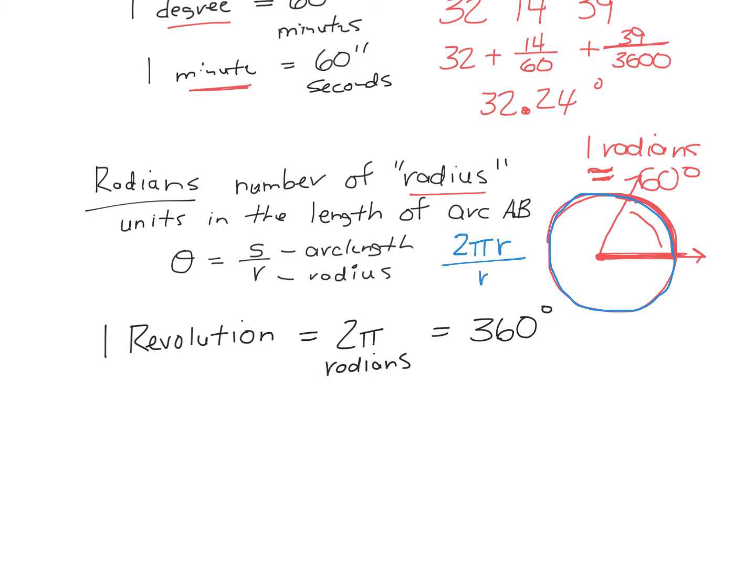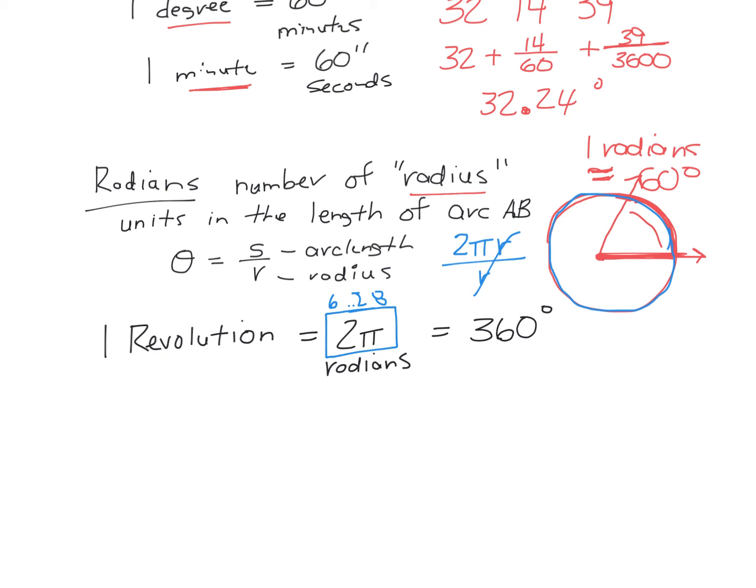If we divide that by the radius, we get a total of 1 revolution to be 2 pi radians. And pi being 3.14, 2 pi is the exact unit of something that's about 6.28. But 6.28, or 2 pi radians, would be exactly 360 degrees.